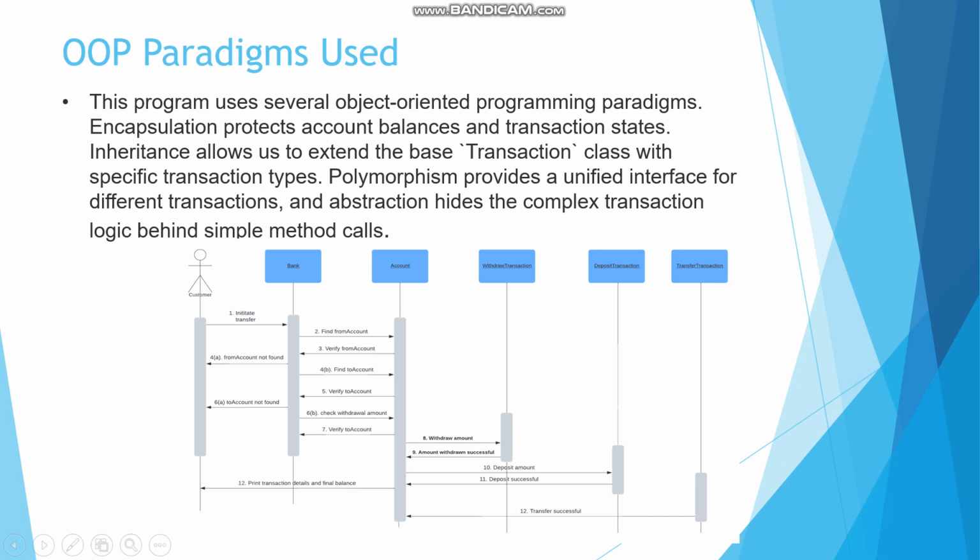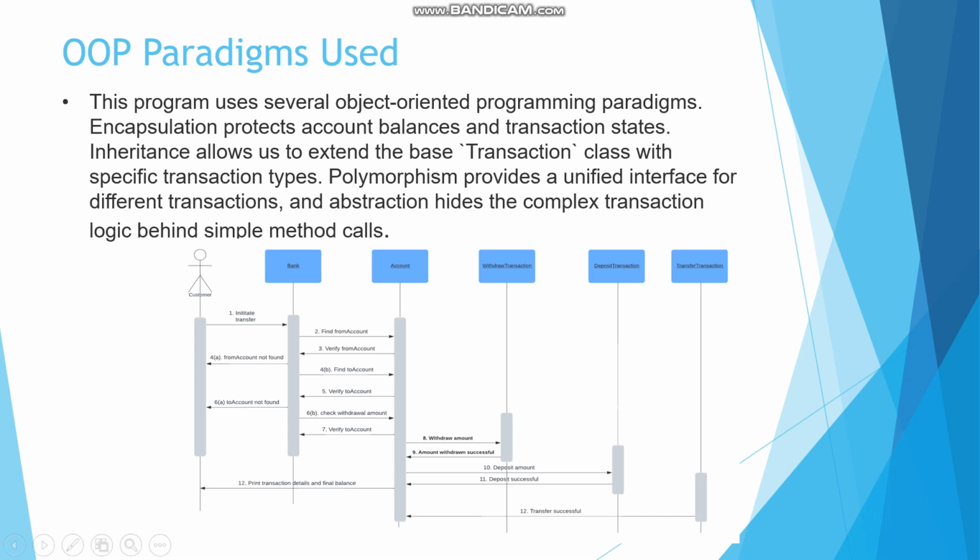After that, the withdrawal amount, and then the things come in the three classes of withdraw, deposit, and transfer. If anybody wants to withdraw an amount, then it goes to the withdraw transaction class, and then the amount withdrawn can be sent back to the account similarly. In case somebody wants to deposit, then it goes to the deposit transaction class, and then it returns a message of deposit successful.